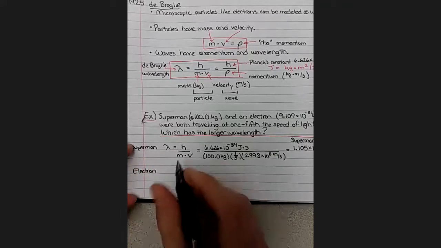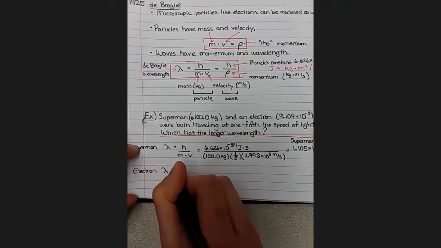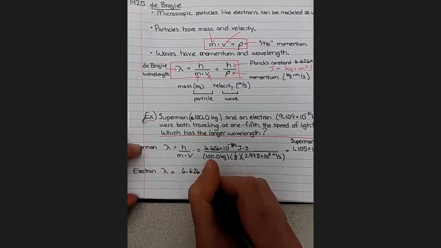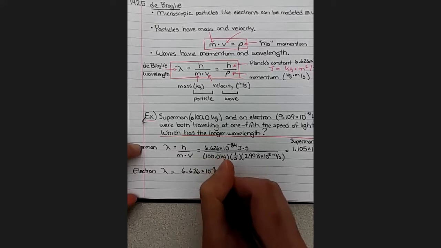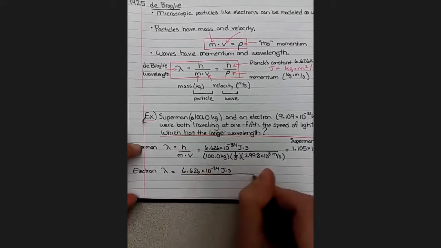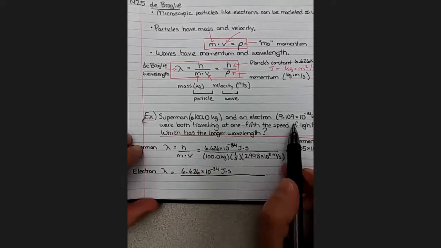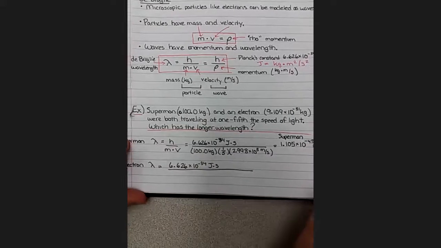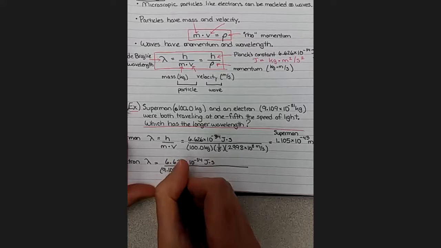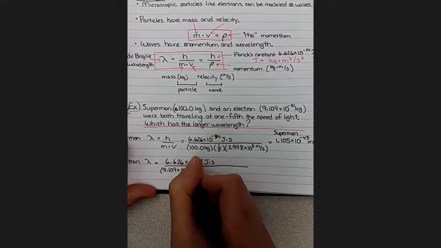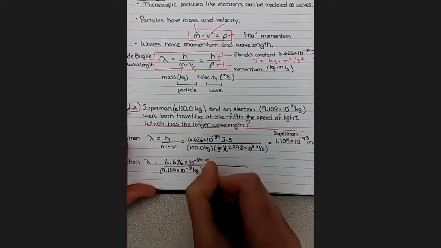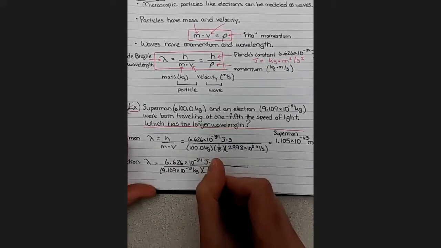All right, an electron, same formula. Much of this is going to be the same. Planck's constant is the same in the numerator. But we're going to have a significantly smaller mass, that is going to be the difference. So our mass for an electron is 9.109 times 10 to the negative 31st kilograms. And this is also moving at 1/5 the speed of light.